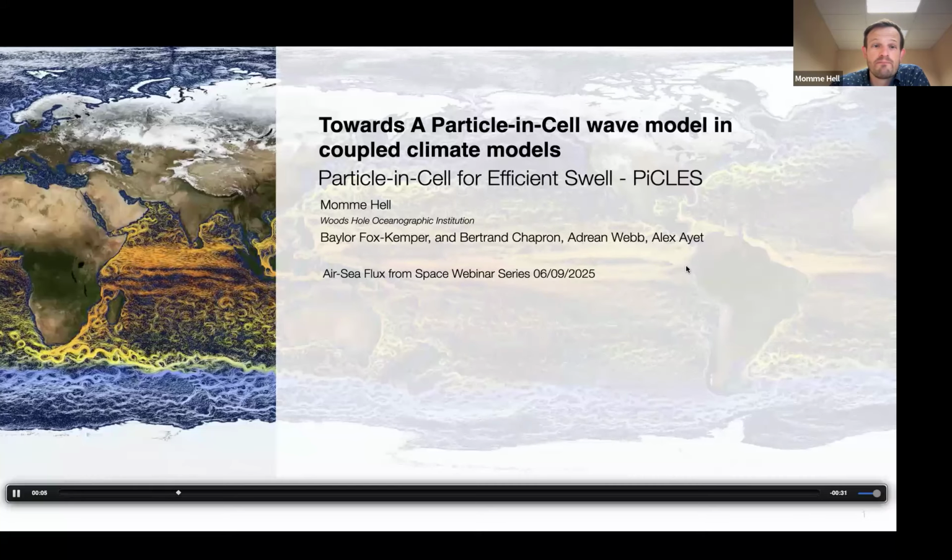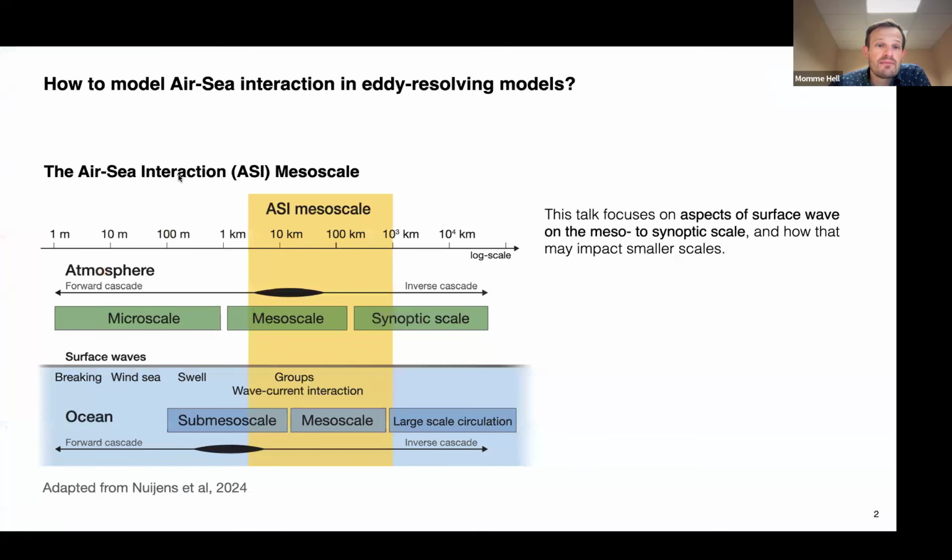Okay, and people start to think about scale when they talk about air-sea interaction, and this is adapted from a white paper about the sub-mesoscale, but I name it now air-sea interaction of the mesoscale. And you see here the atmosphere on top, the ocean on the bottom, and then you see a log spatial scale in the horizontal axis. And we order here the process by the common names we use.